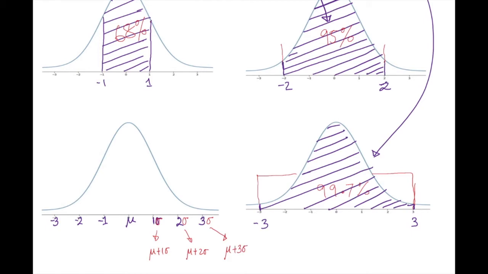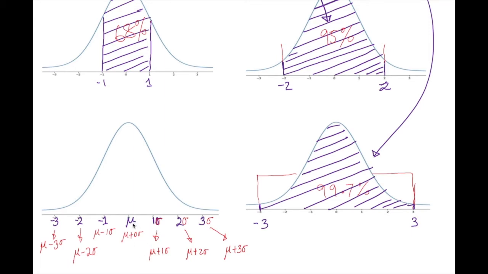On the left side, mean minus 1 standard deviation, down here mean minus 2 standard deviations, and down here population mean minus 3 standard deviations. This is what it means actually.